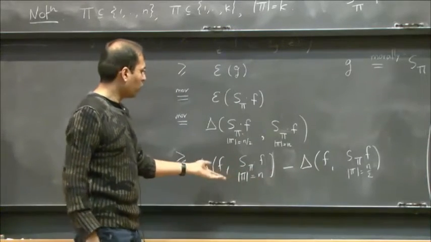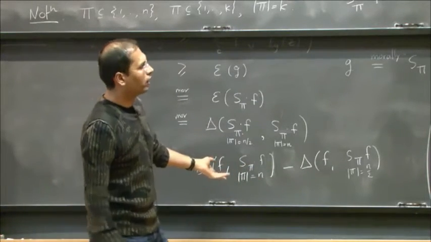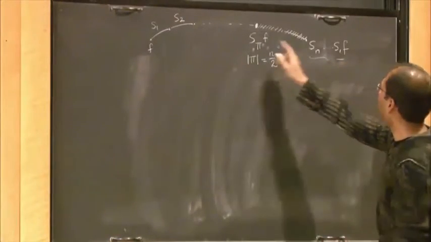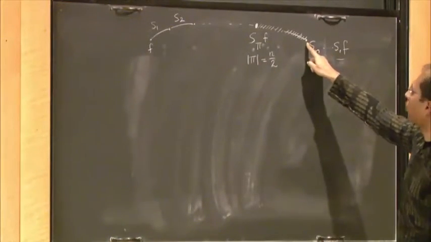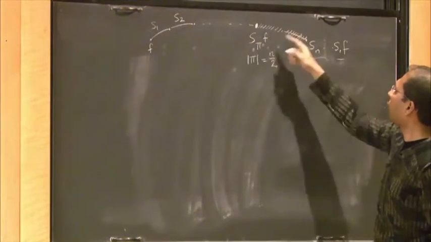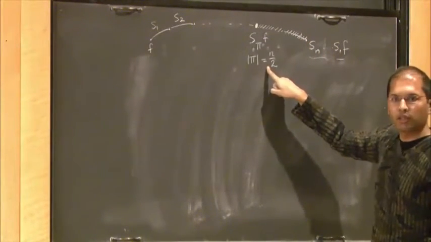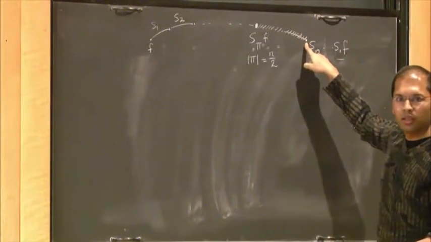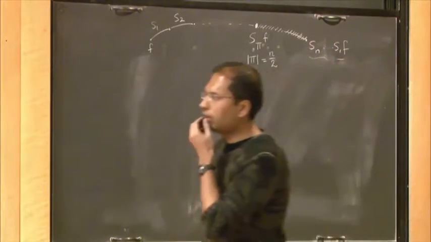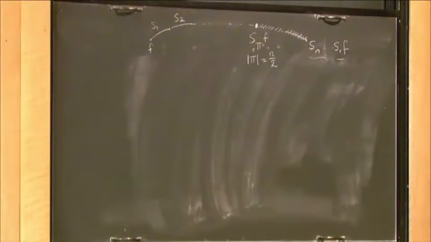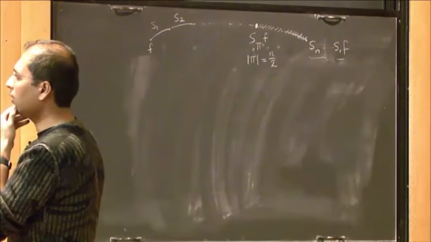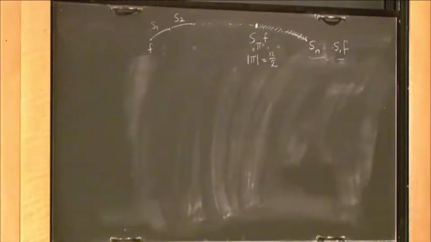Now this lower bound actually might not give you anything, because it's possible that if you apply all n switches, the function did become monotone, but maybe the function becomes monotone even after doing n over 2 switches, meaning this gets really close to this. In which case you would get nothing. But once you stare at it, you would be led to the guess that one ought to get inequalities of this nature.